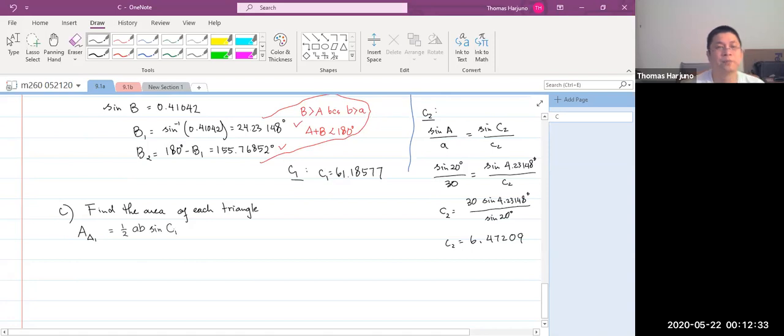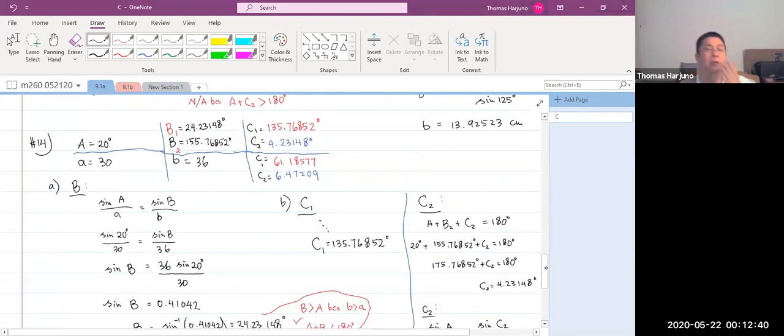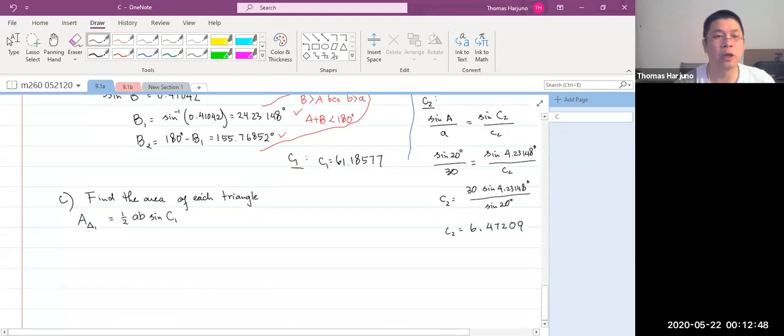We are given two sides, sides A and B. So the difference will be with angle C1 or angle C2. Area of triangle 1 will be half AB sine C1, and area of triangle 2 will be 1/2 AB sine C2.